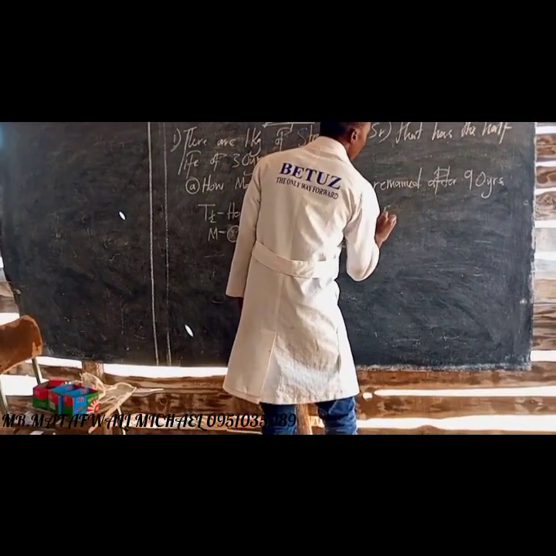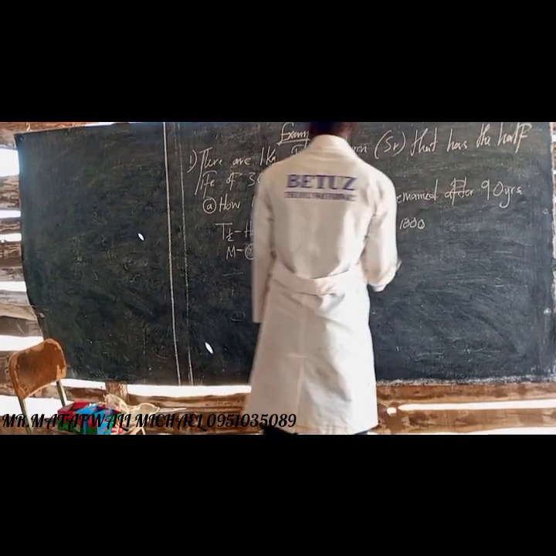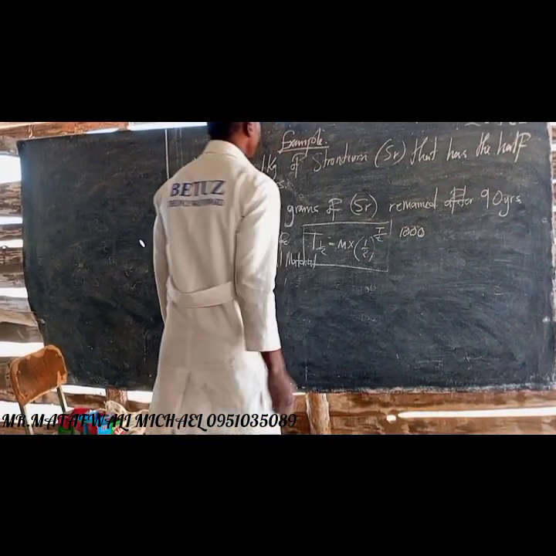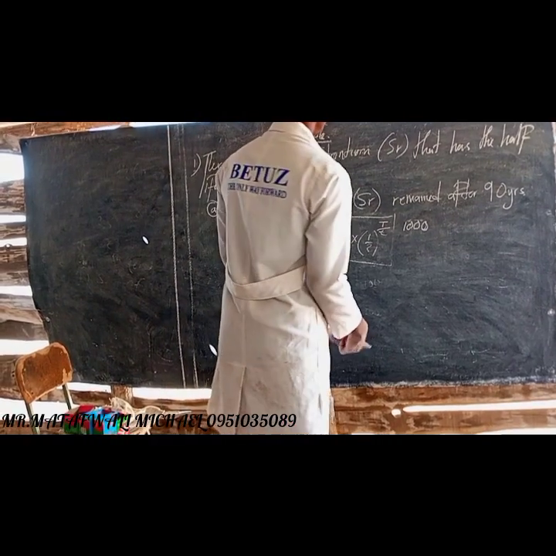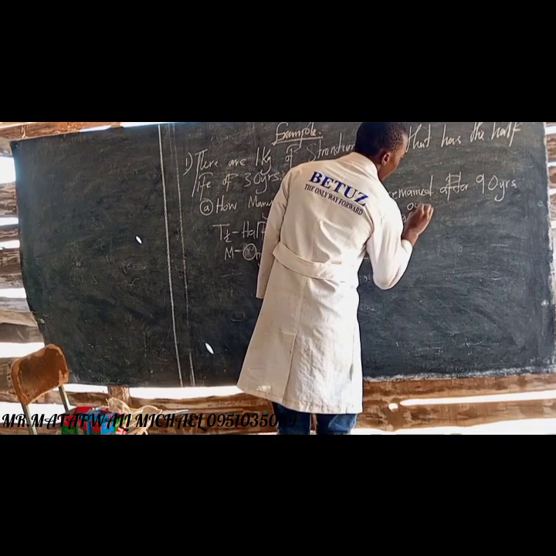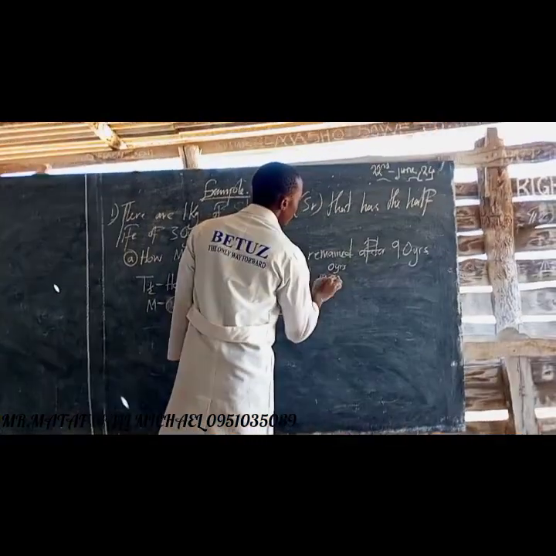So the original mass we have is 1000, and this 1000 has not yet undergone radioactivity. So there is 0 years. Since time is given in years, here there is 0 years.